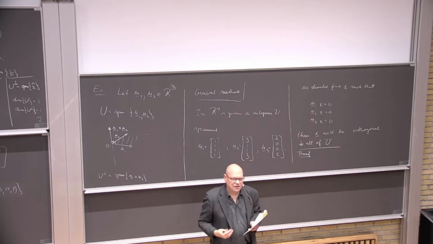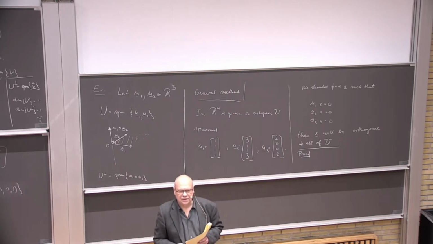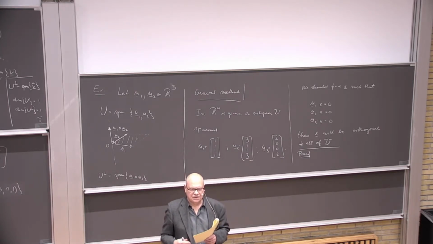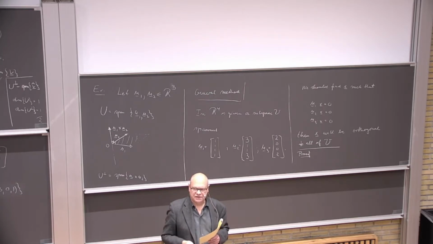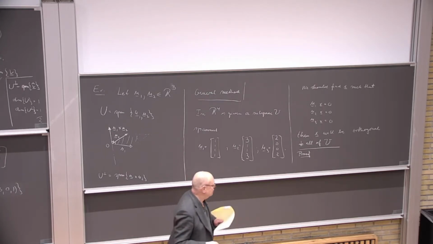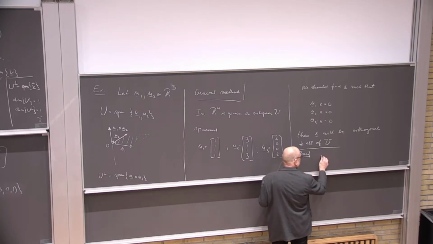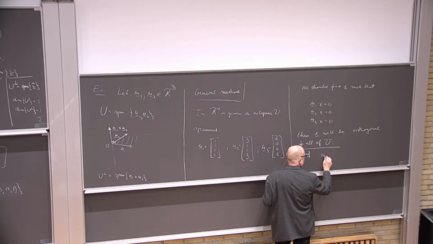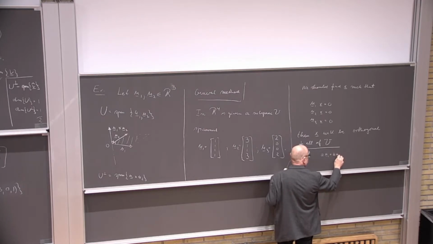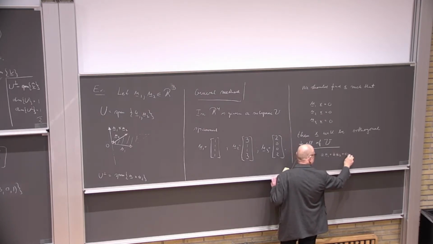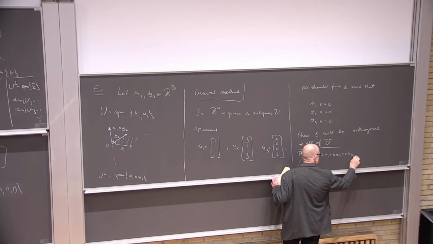Now I take a general vector in U. Since U is the span of the three vectors U1, U2, and U3, a general vector could look like this: A times U1 plus B times U2 plus C times U3.